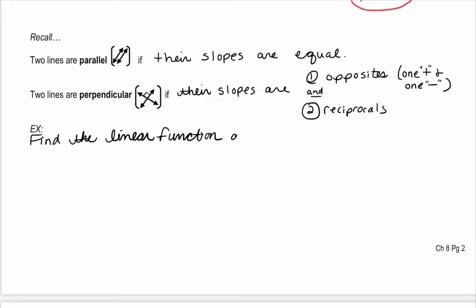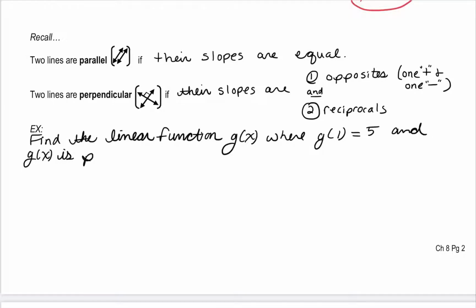So find the linear function, this time I'll say specifically g of x, where g of 1 is equal to 5 and g of x is perpendicular to f of x, which is equal to negative 1/3 x plus 4.